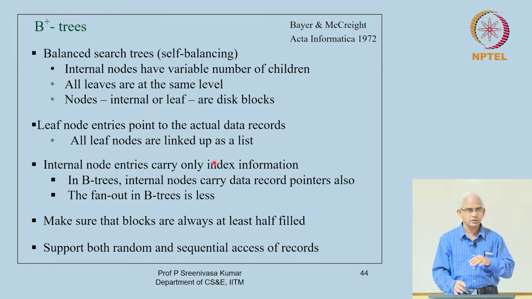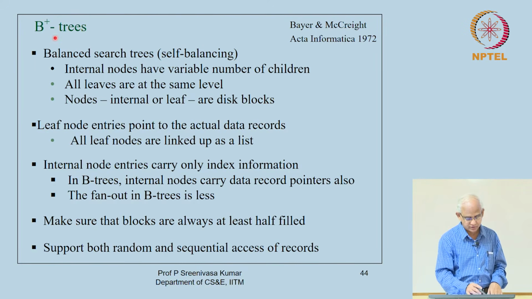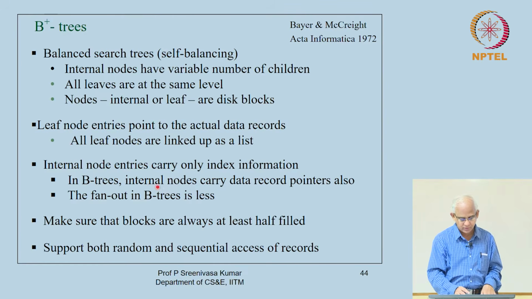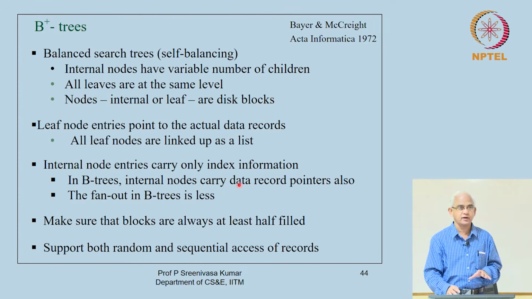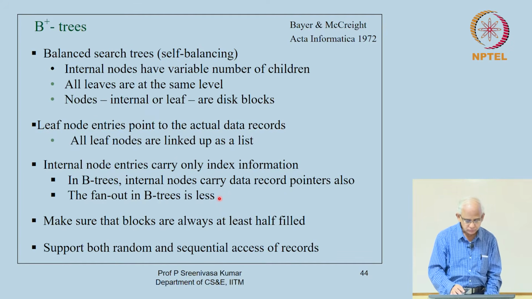And so, the internal nodes will have suitable information, so that the search will be guided to the appropriate leaf node. Okay. Now, the difference compared to B plus trees and B trees is that in B trees, the internal nodes also carry data record pointers. We will come back to this point a little later.